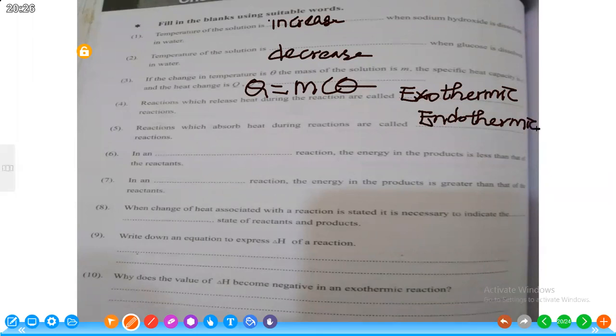In a diagram, if the energy of the products is less than that of the reactants, the reaction is exothermic. If the energy of the products is greater than that of the reactants, the reaction is endothermic.